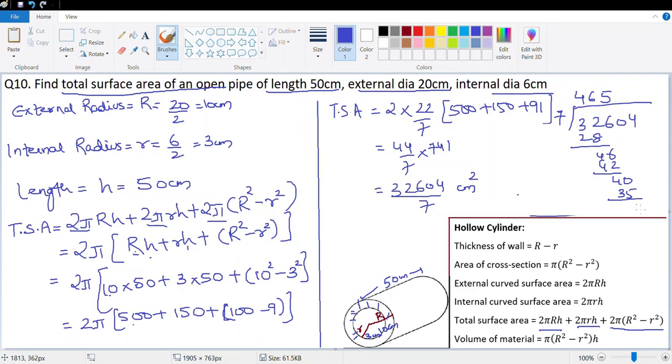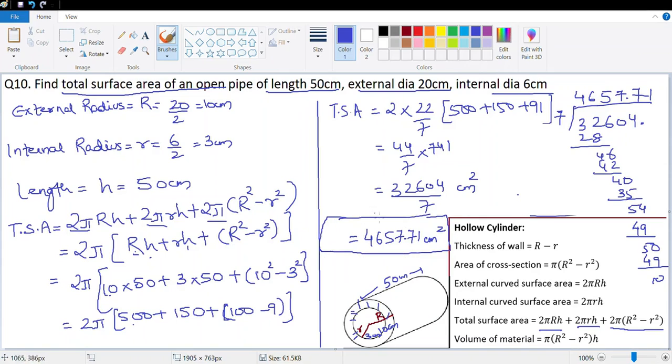That's 54. 7 sevens are 49. Let's put a decimal. So this is 50. That'll be 7 into 7, 49. And that's 1. So this is 4657.71 centimeter square. I hope you realize this chapter involves a lot of calculations and you should be careful with the calculations. That brings me to an end of this question.